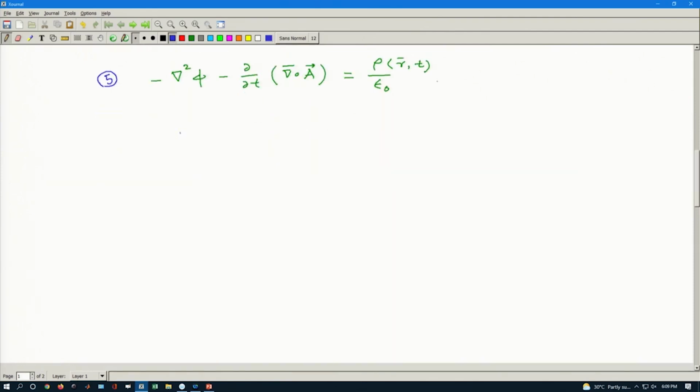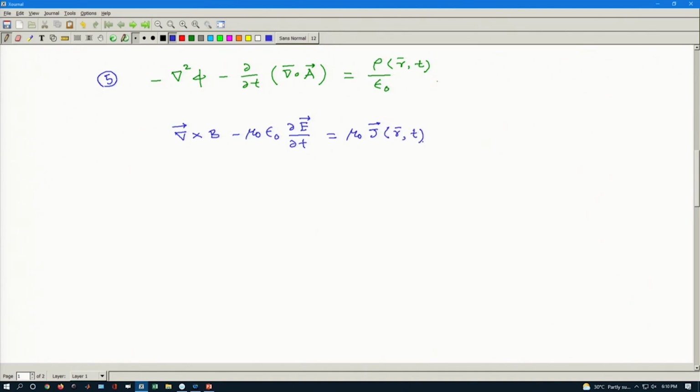So, we had curl of B minus, equation 4, the fourth Maxwell's equation, del E del T, that is equal to mu 0 J of r and t.